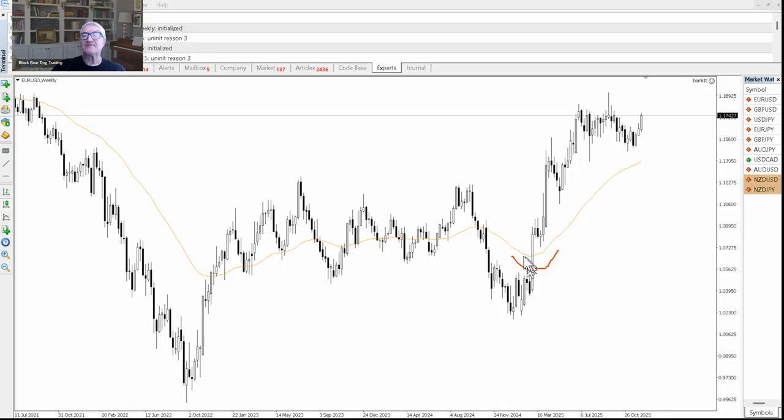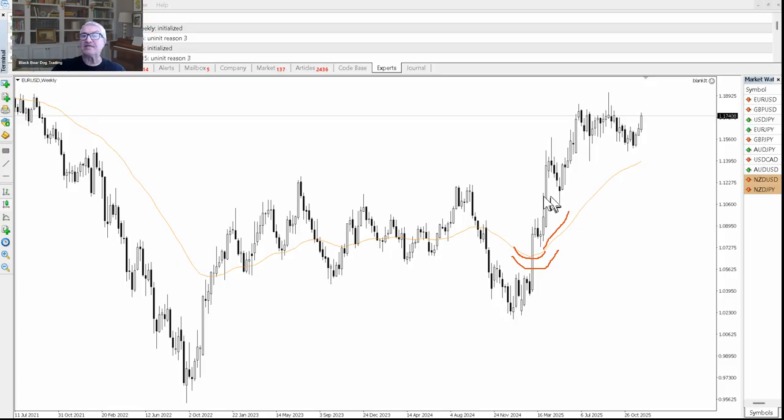Let me repeat this. The curve is down. The trend continues in opposite direction. The sharper this curve is, the more likelihood that the trend will be very strong as well.